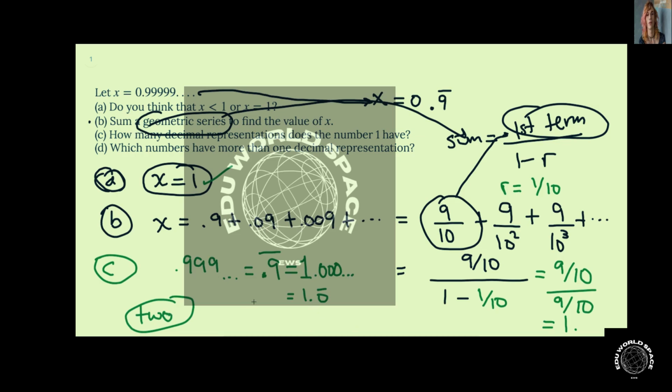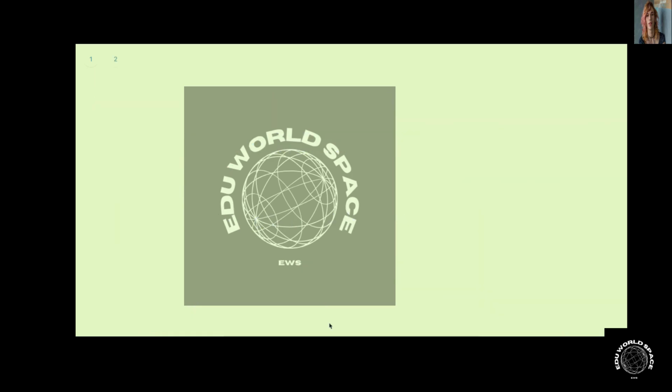And now let's generalize this to other real numbers. Let's go to part D. Part D is asking, when do two real numbers have the same decimal representation? So let's answer this.